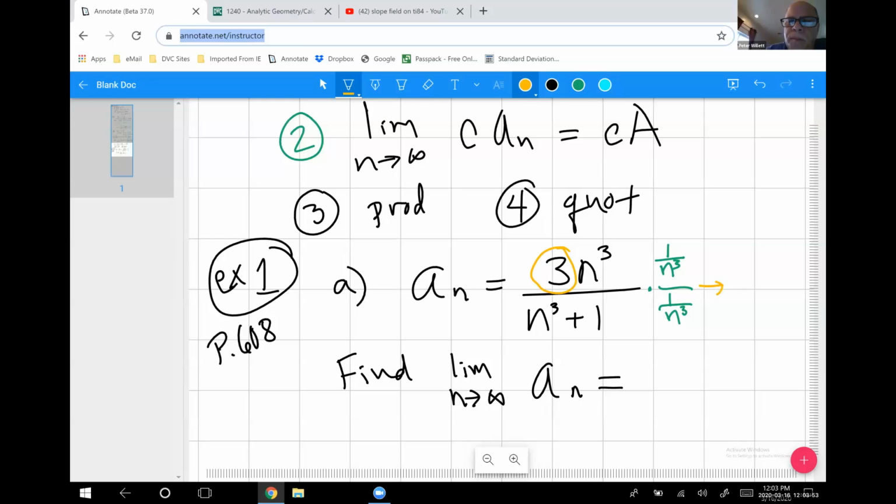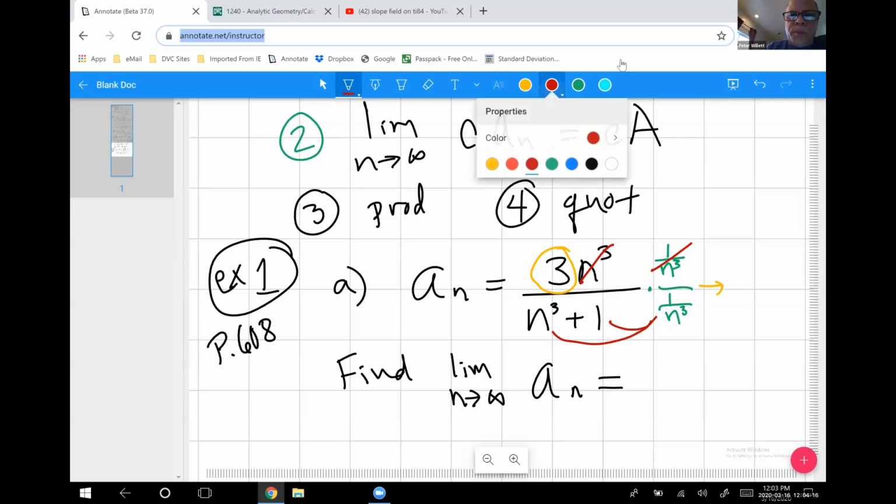So if I multiply the top and the bottom by that, I'd end up getting, well, in the top, let's see if I can color coordinate this. In the top, these would cancel out because n cubed times 1 over n cubed is 1. And in the bottom, I would distribute the 1 over n cubed to each of those terms. And so what I end up with after I do that simplification is that I get a 3 in the top since those canceled out.